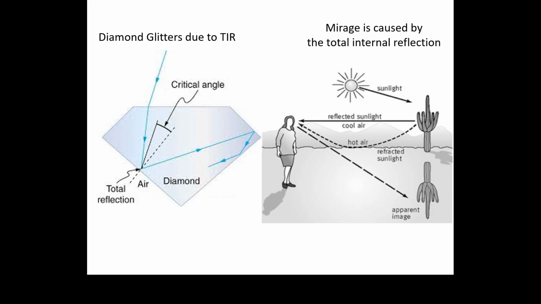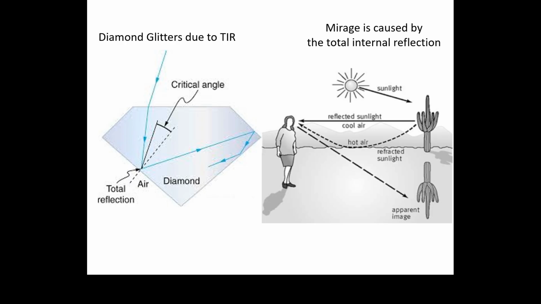Here, in the desert, a mirage is also caused due to the TIR phenomenon, wherein the ground surface has hot air and the upper layers have cold air. So when a light ray is passing from a denser medium, that means cold air in this case, it moves away from the normal, and in this way TIR takes place.